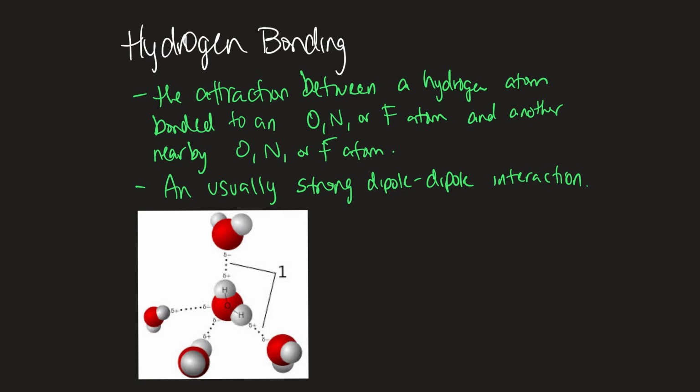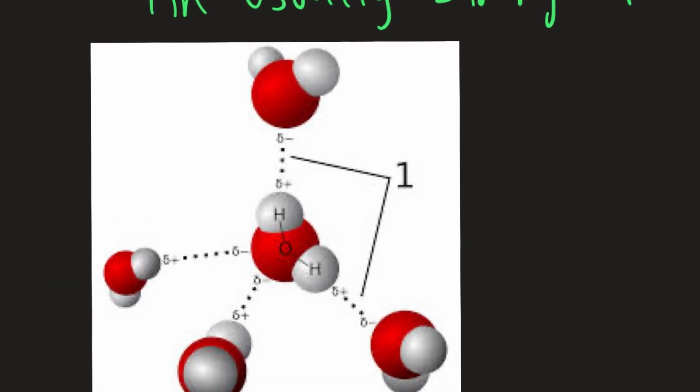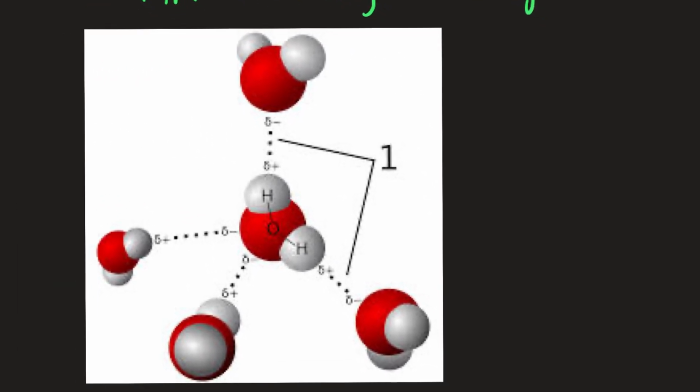If you look at the diagram here, we have a water molecule in the center. This hydrogen has a partial positive charge, and it's a permanent one. The oxygens have a partial negative charge.